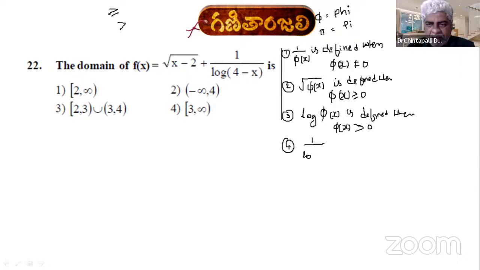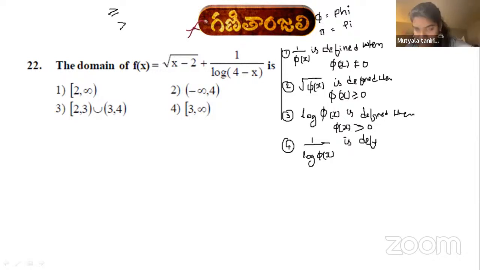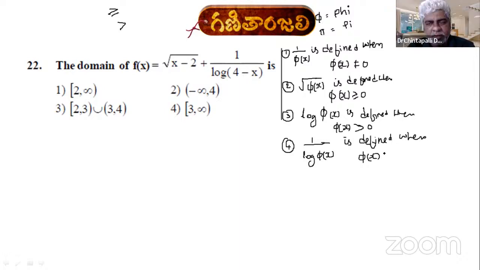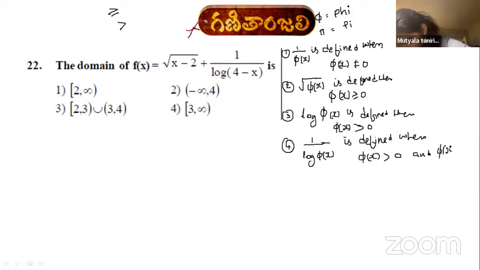Fourth point, 1 by log of phi of x is defined when phi of x is greater than 0 and this phi of x is not equal to 1.